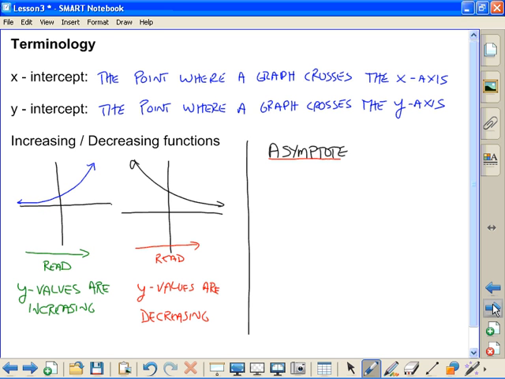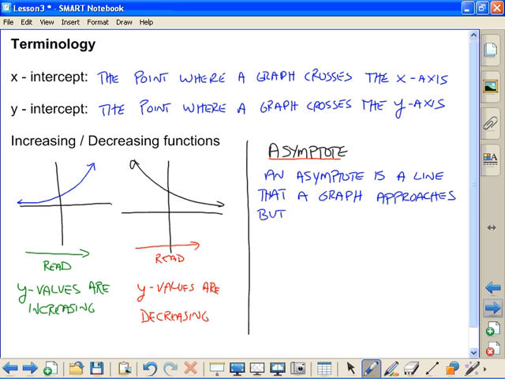The definition, an asymptote is a line that a graph approaches but never touches or crosses.